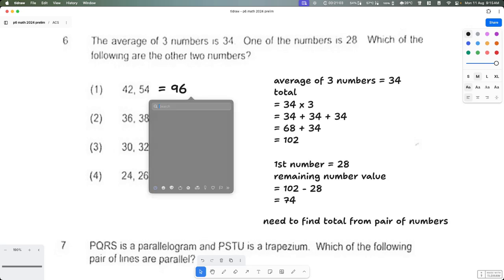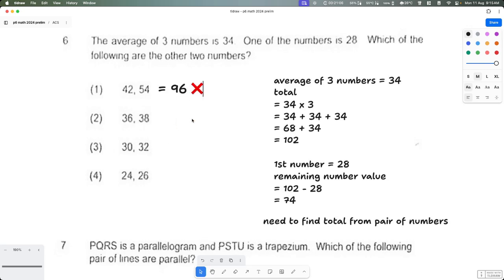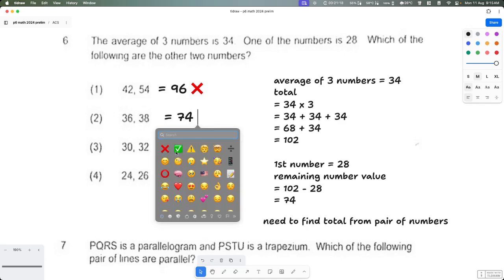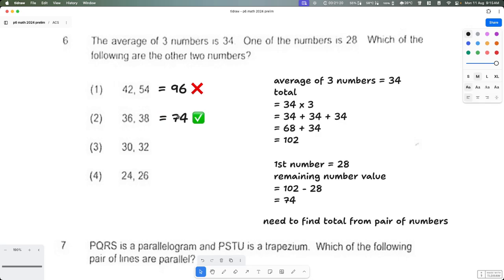Which is not it. Next, 36 plus 38 is 74, which means this is correct. Next one is 64. So close yet so far, right? So we're going to have a cross over here.